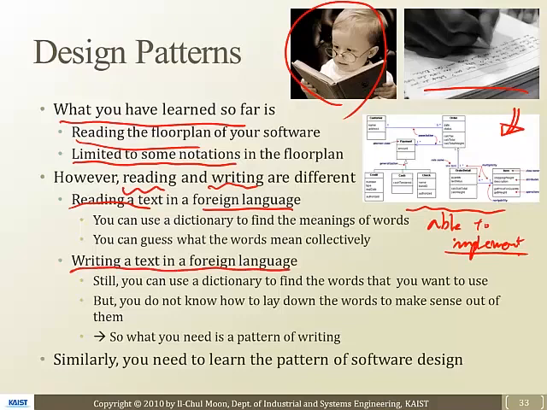It's much harder because you don't know the grammar structures. And even though you know the grammar structures, you don't know what typical foreigners say in their language, right? There are some typical idioms, there are common patterns of word usage and so forth. In that case, you have to learn it.